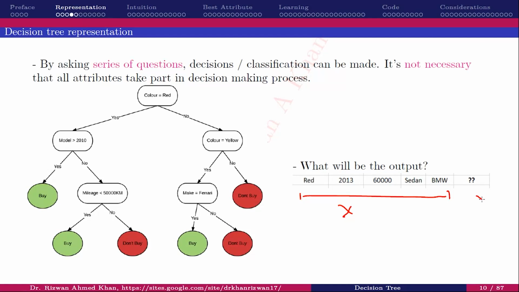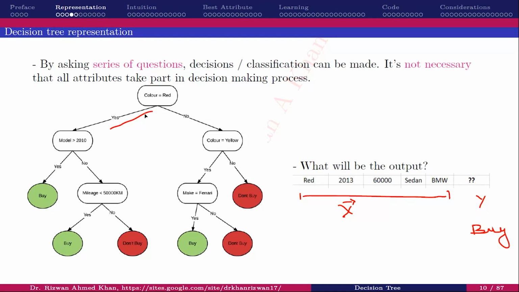Can you give me its output y based on this x? Sir, the output will be buy. Why are you saying that the output would be buy? Because sir, the color is red and the model is greater than 2010, so the tree will follow the buy path.